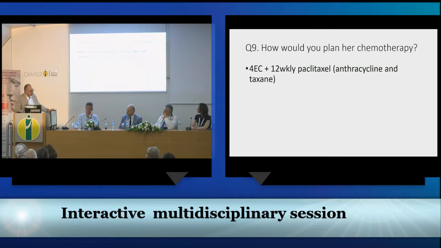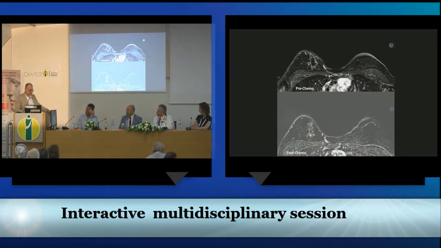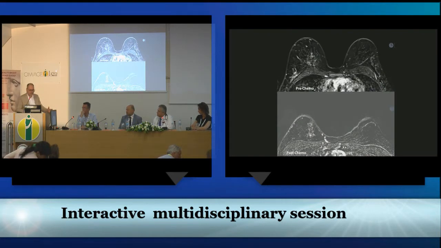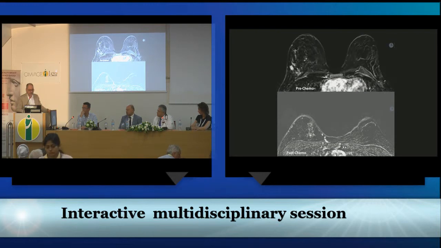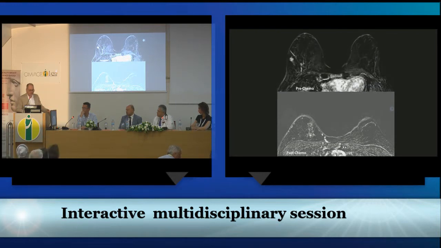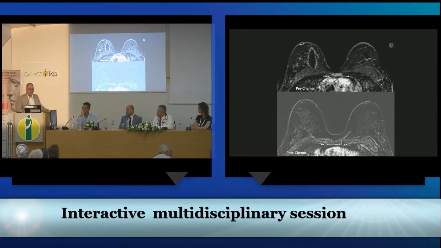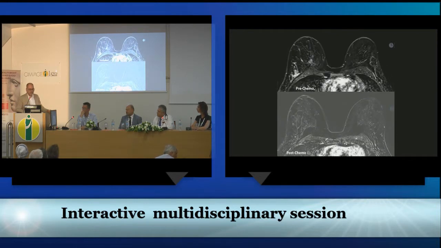I will ask another question to you. There is the cine show of the multiple lesions that you can see. She has a lot of lesions. And this is after chemo, where you see almost nothing.